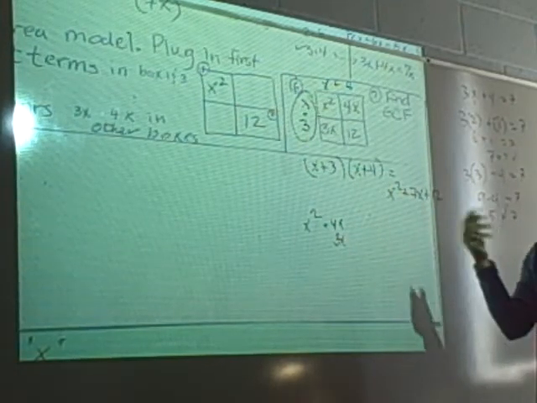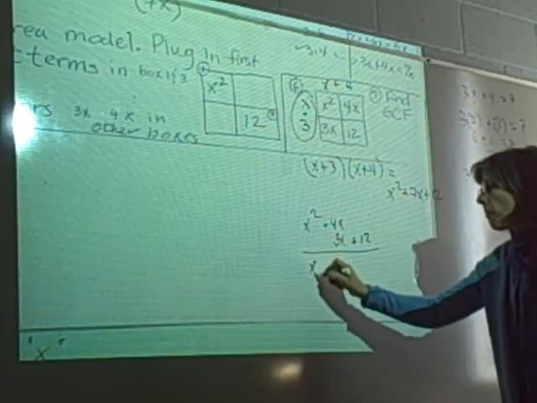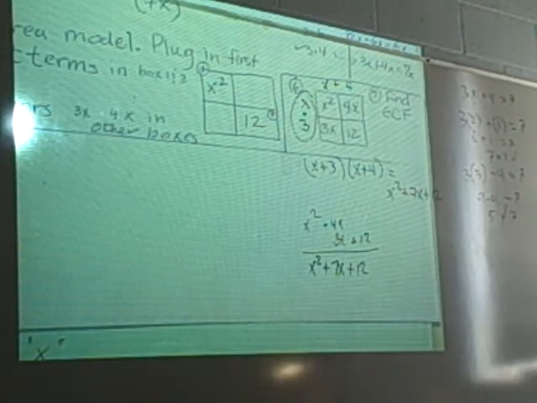I could FOIL it, I'm doing the distributive property. 3 times 4 is 12. X squared plus 7x plus 12. Okay? So many of you will be able to do these simple ones mentally. You will not need to do the area model.